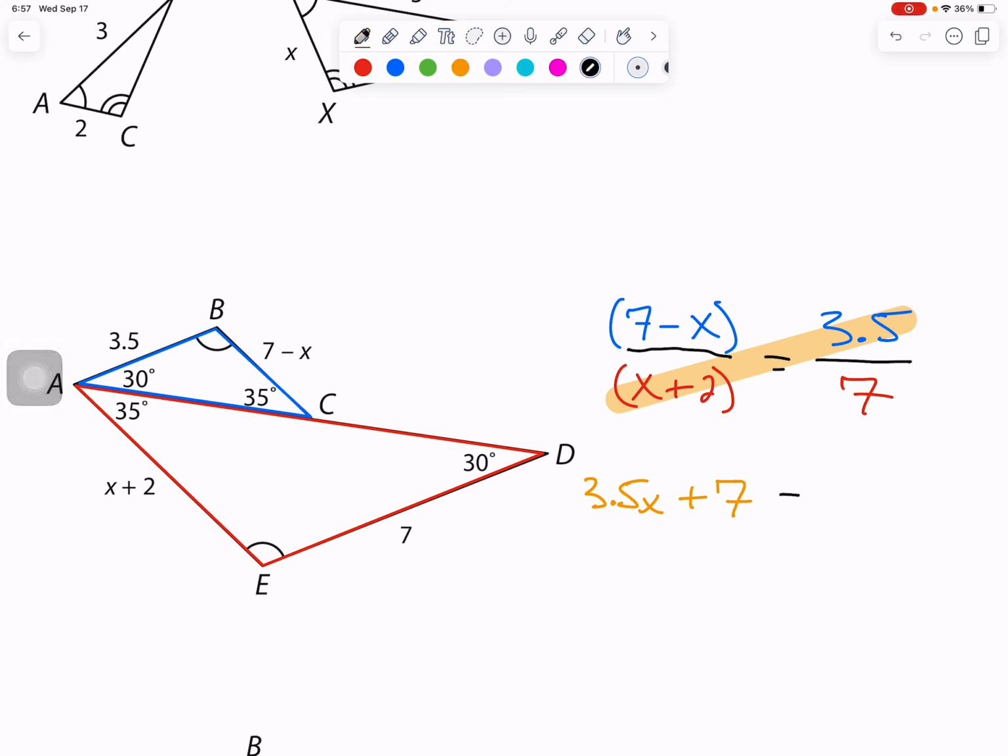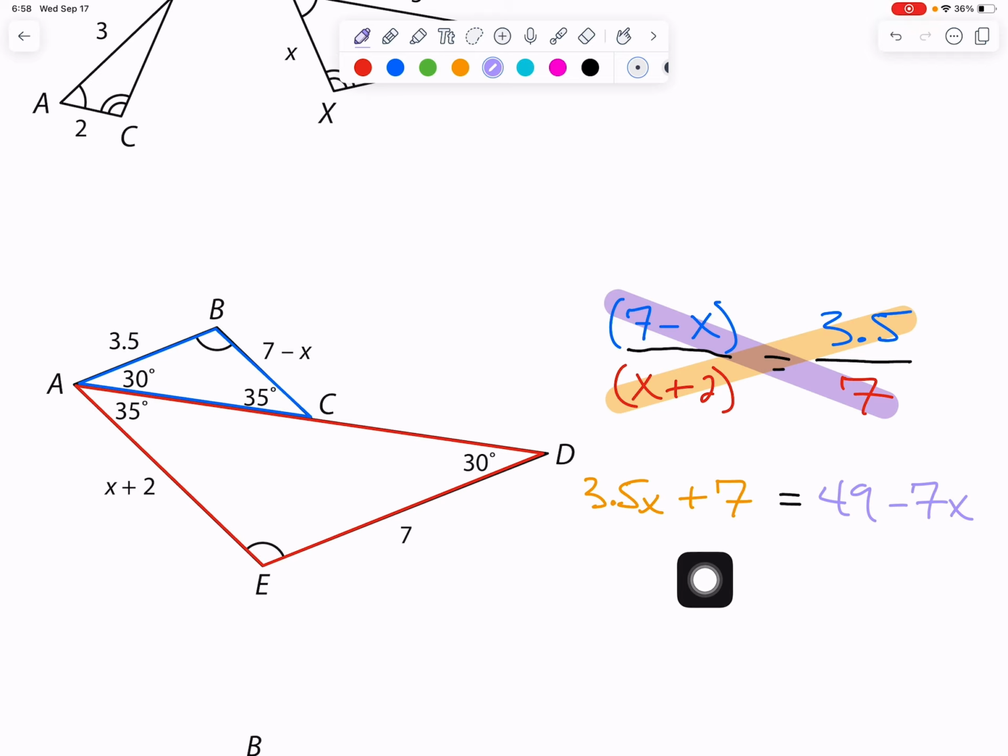Then we write our equals, and again we simply cross multiply. 7 times 7 is 49. 7 times negative x is negative 7x. And then from here, we will solve.